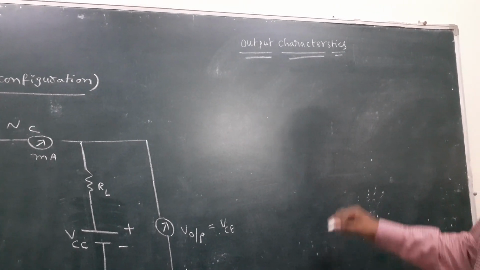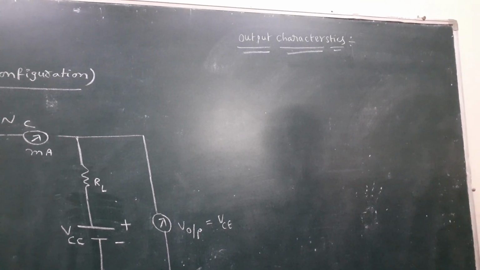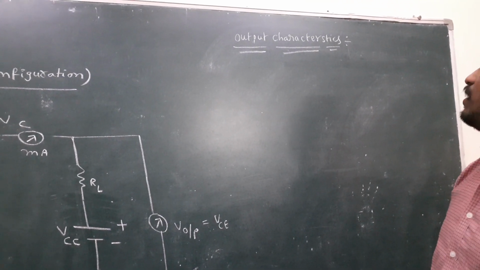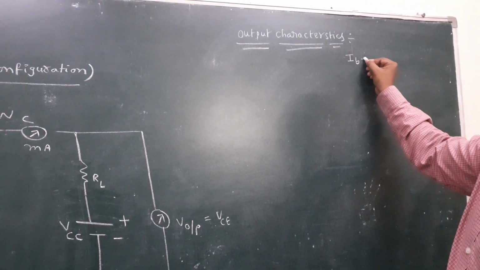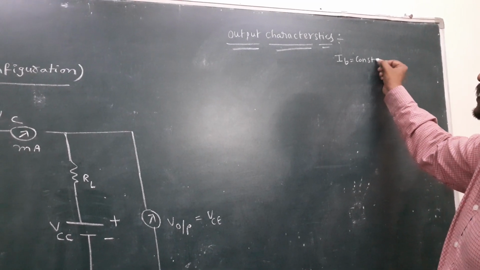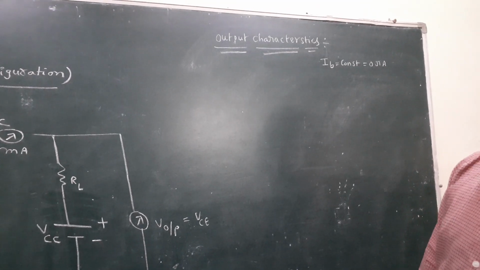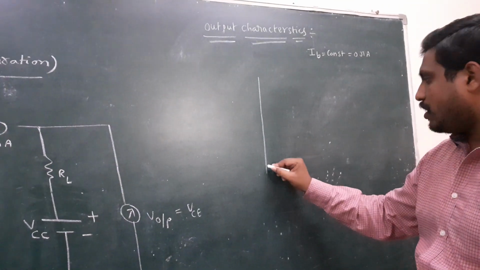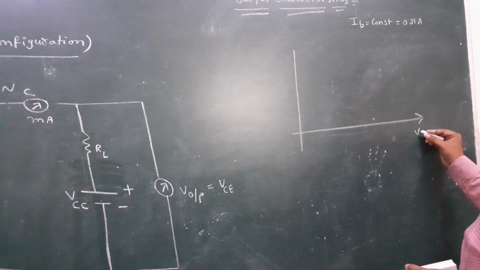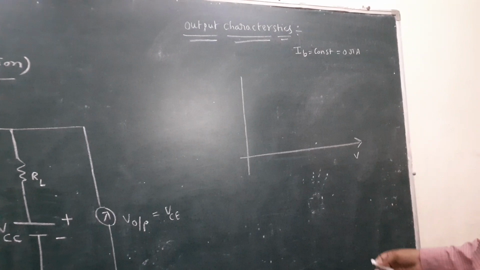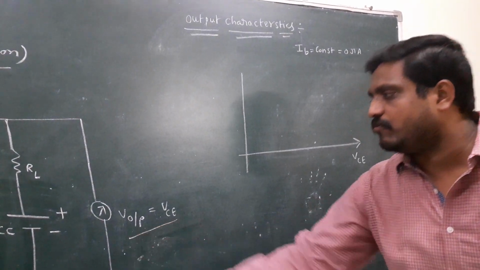Generally, output characteristics means the input current is constant, IB is constant. For example, I take IB as 0 microampere and the corresponding graph is drawn. Look here, this is the output, VCE, I have taken the output voltage according to the diagram as VCE.